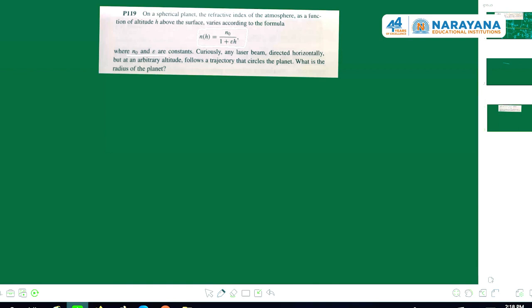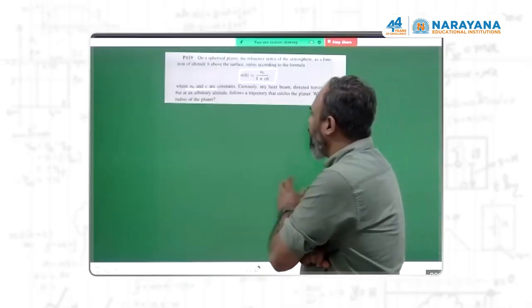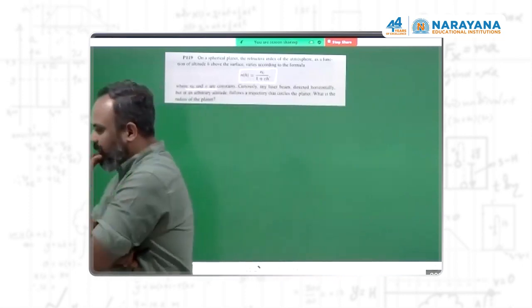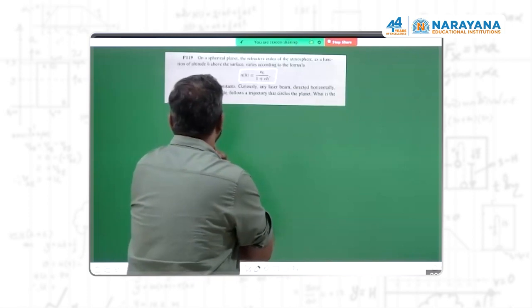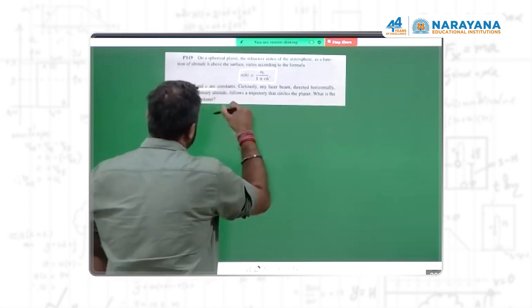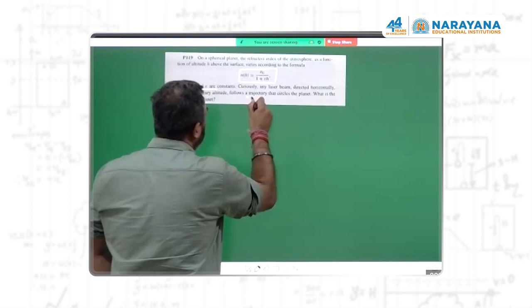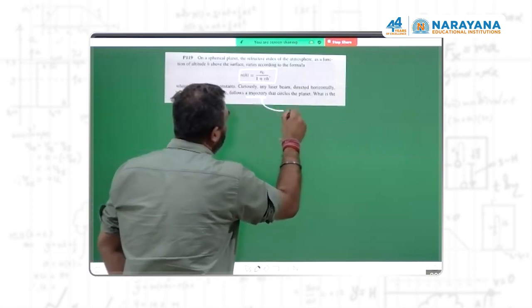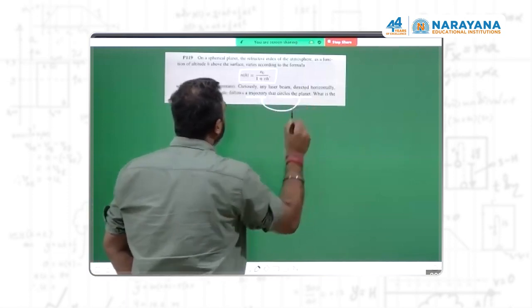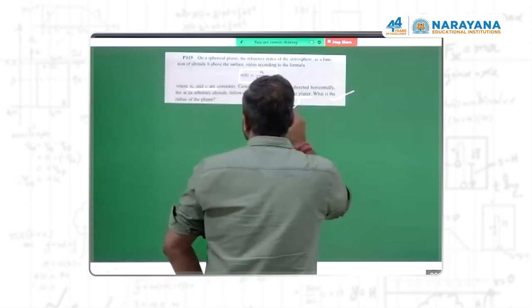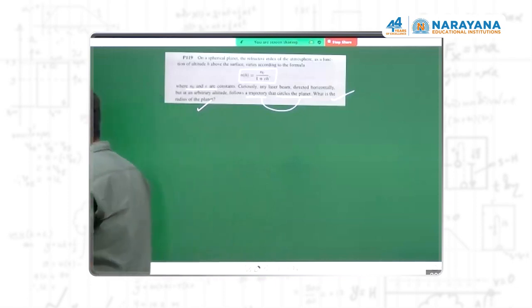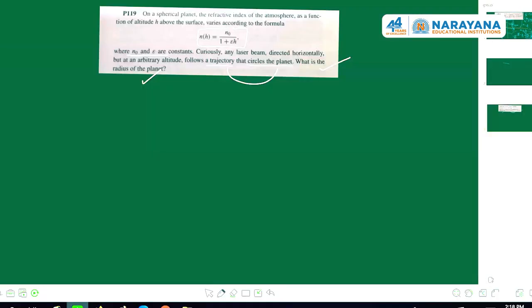The problem is somewhat like this: if you hit a horizontal laser beam at an arbitrary altitude, you need to prove rather that if that laser beam follows a trajectory that encircles the planet, then we need to find out the radius of the planet in this case.